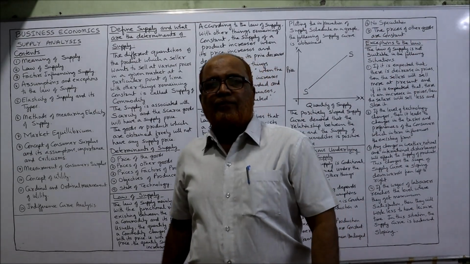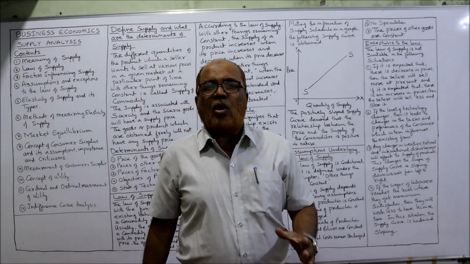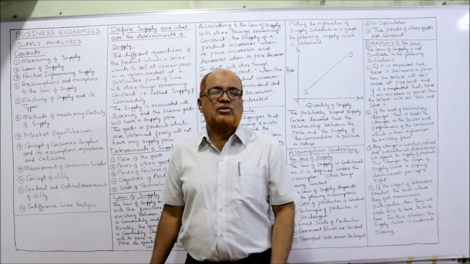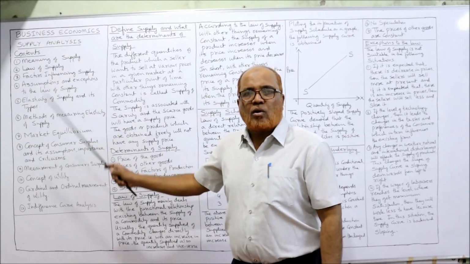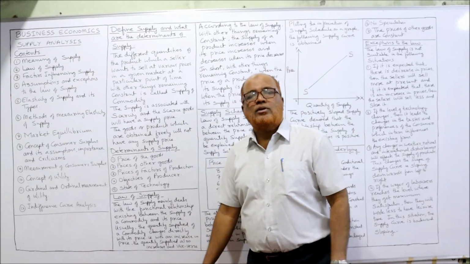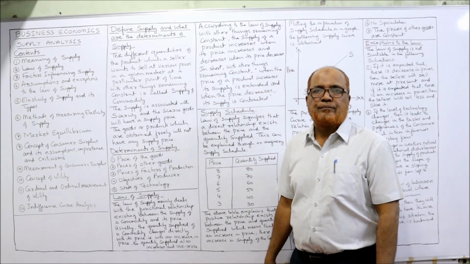Now, first of all, I'm going to explain the contents of this video, of this supply analysis. The contents of this unit number 3 are, first of all, the meaning of the term supply.